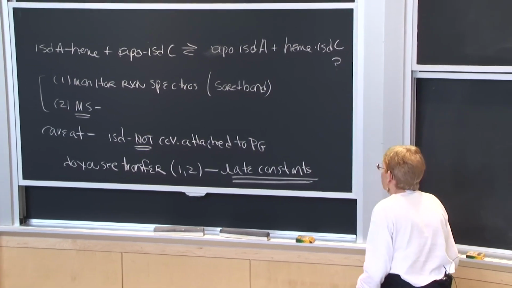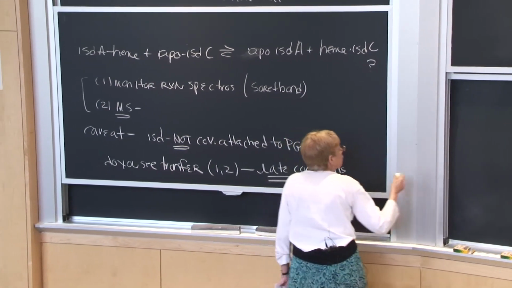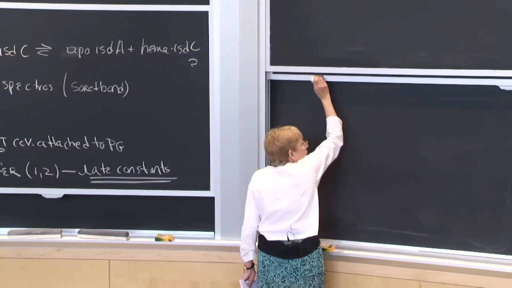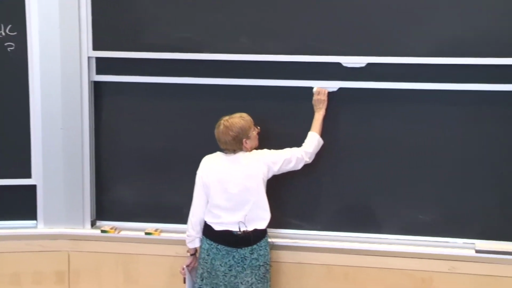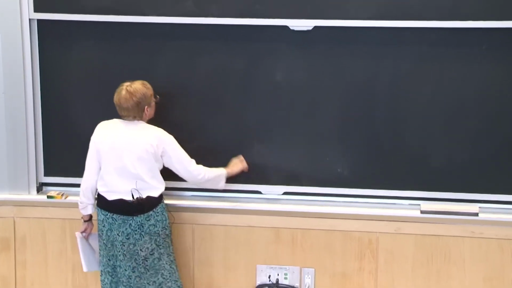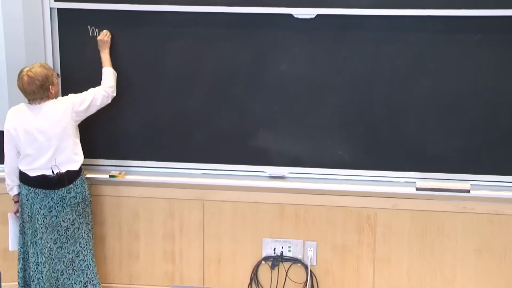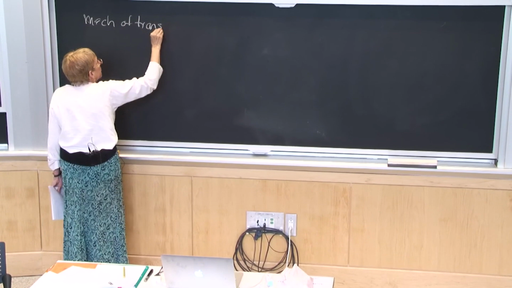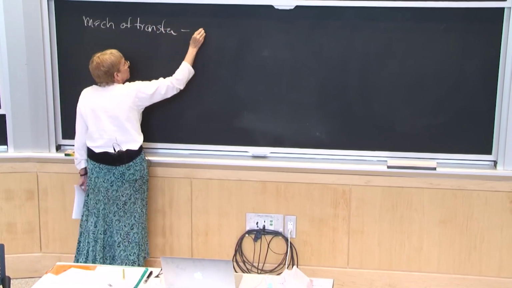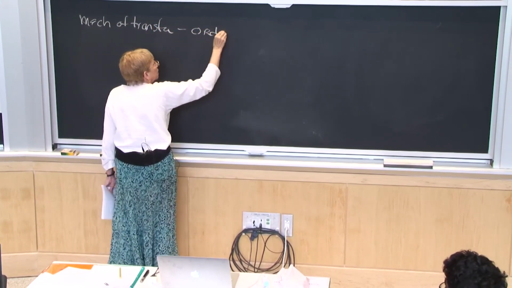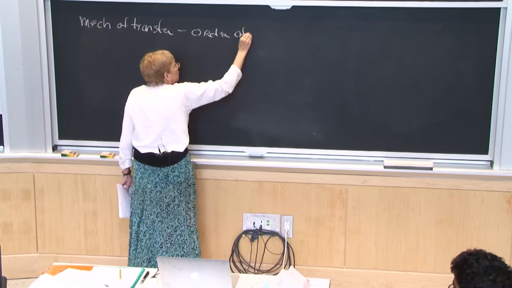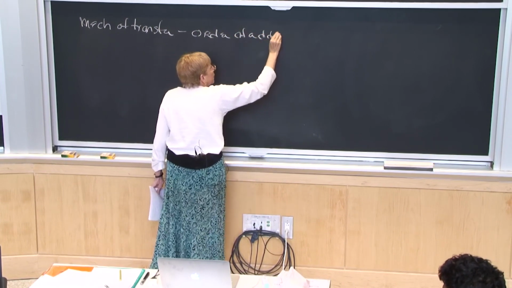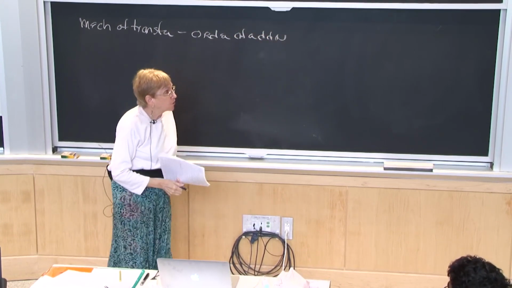So the question is, what is the order of addition? You can look at the mechanism of transfer, and specifically the order of addition. Do you need the second protein there to see transfer?